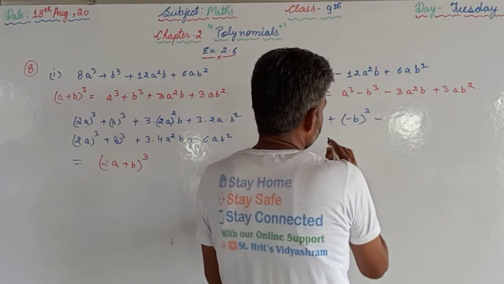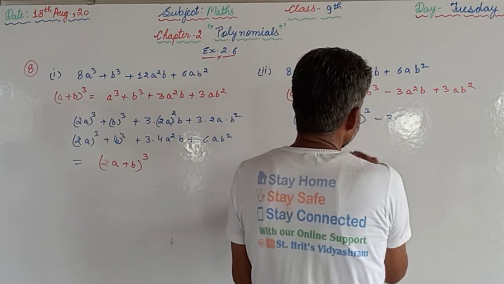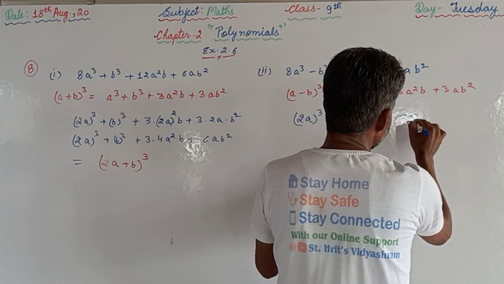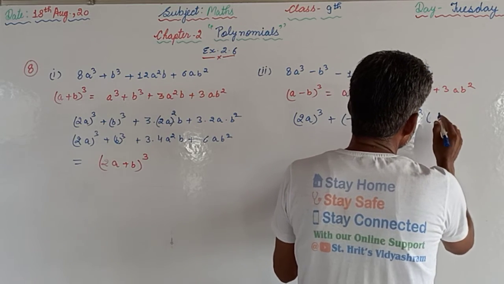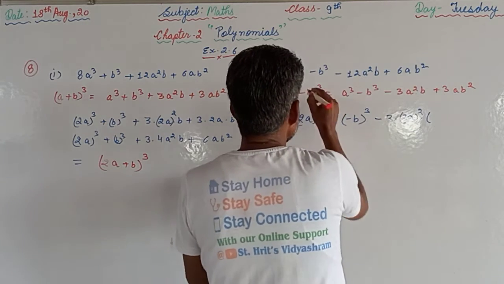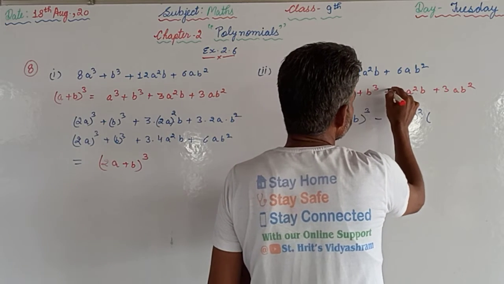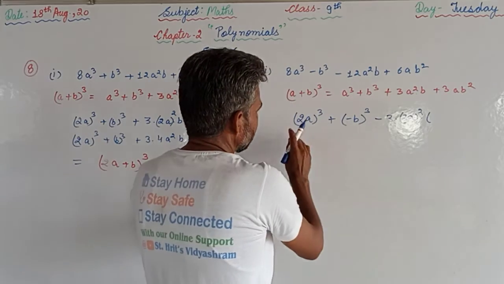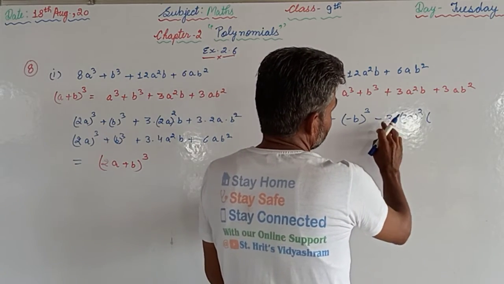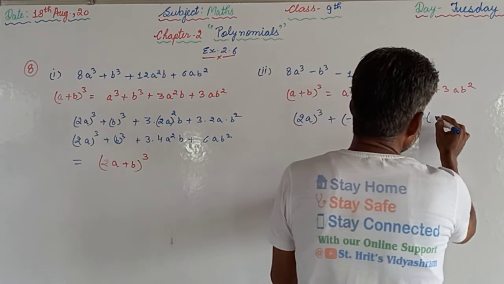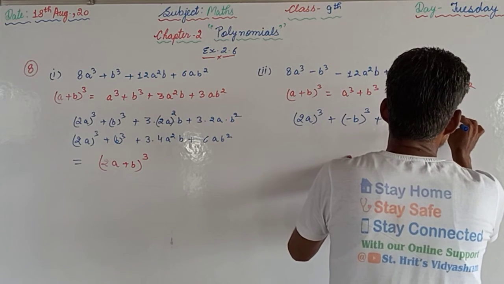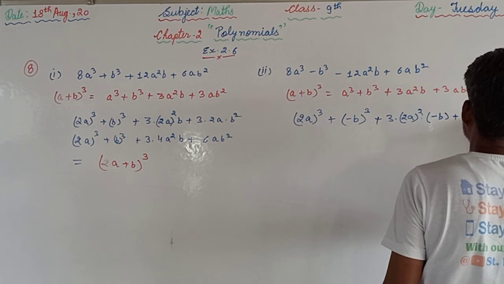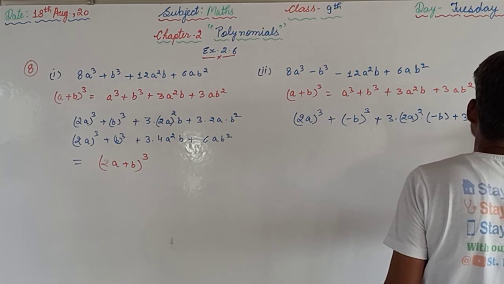Minus is there, minus 3 into a square b, a is 2a, (2a) square into b, and b is minus b here, plus 3 into a, that is 2a, into minus b square.